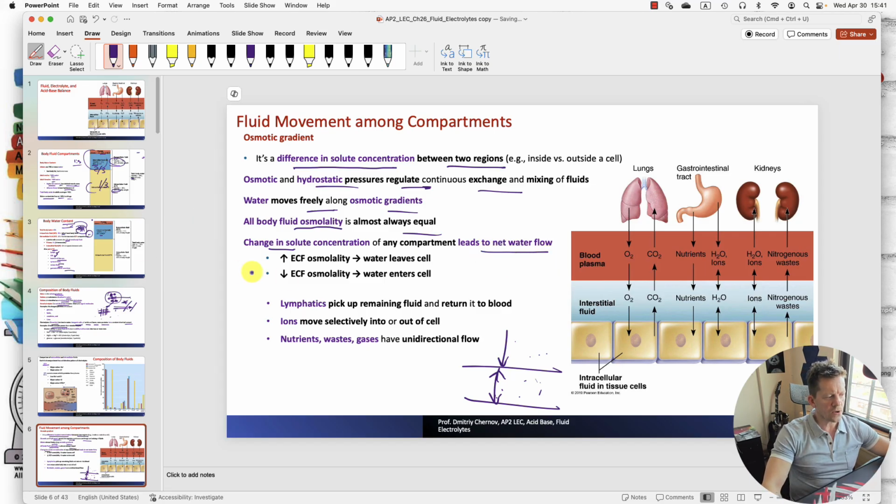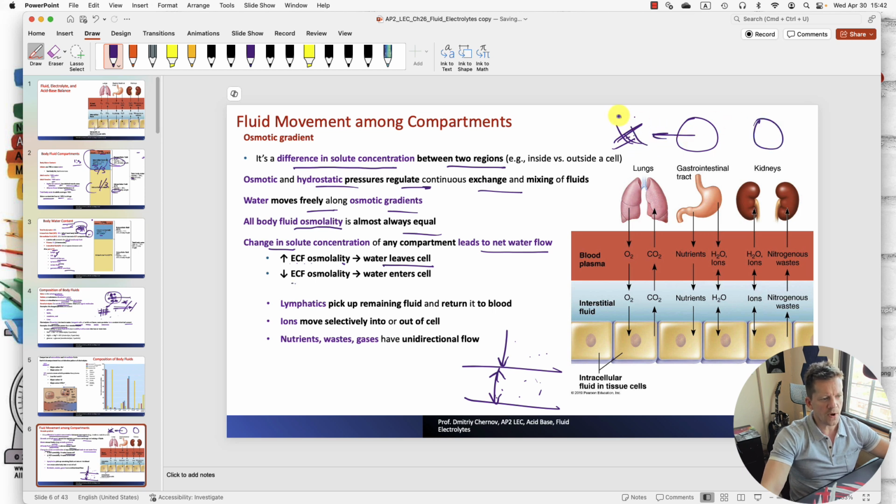In extracellular fluid osmolarity, again, osmolarity is the concentration of solutes in a compartment. If there's a high concentration in extracellular fluid, then water will leave the cell, right? So there's high concentration in the interstitial space and water will leave.